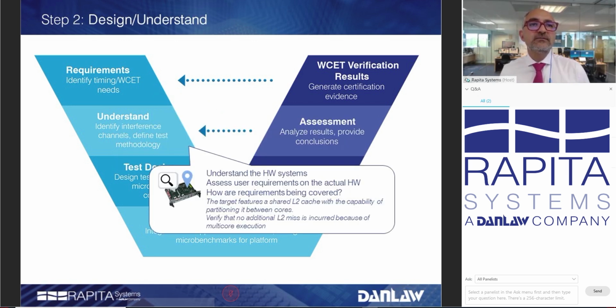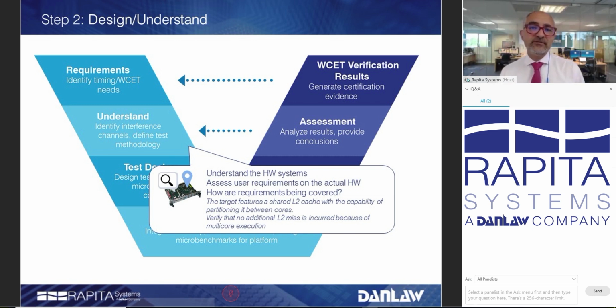Second part would be to understand, to satisfy those requirements, what the hardware architecture is, the software architecture, the structure of the code, the availability of tests, whether the tests are adequate or not, and in particular, this is the level at which you perform the interference channel analysis.